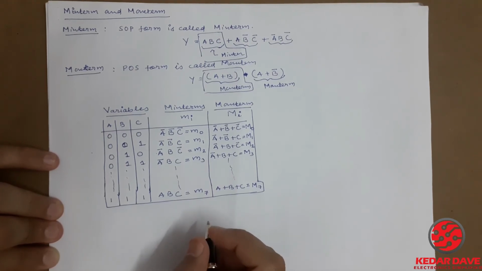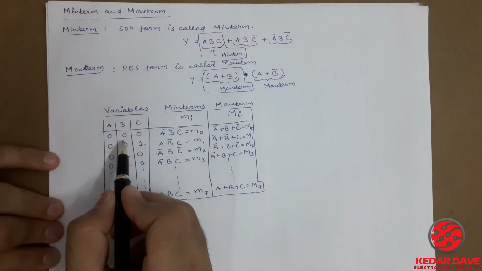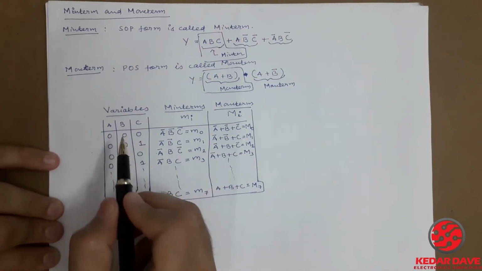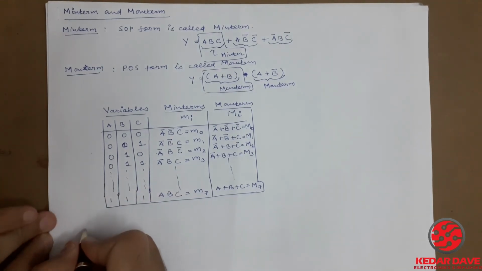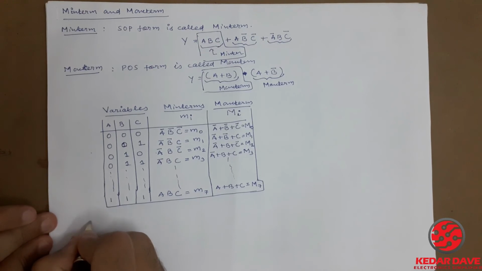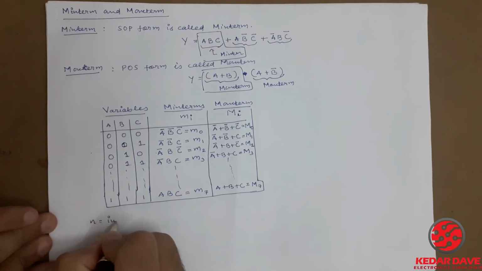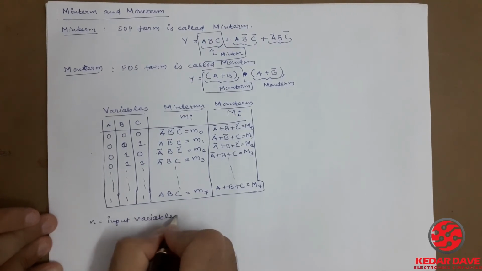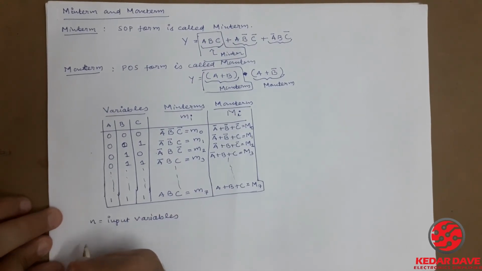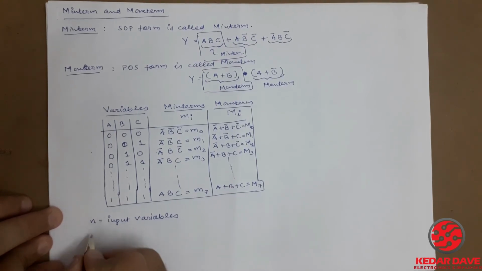One more thing, that the number of minterms and maxterms, if we can check how it will vary depending on the inputs, then we can check it universally. If we are taking n as the input variables, and if we want to know the number of minterms or maxterms, then it will be 2 raised to n.